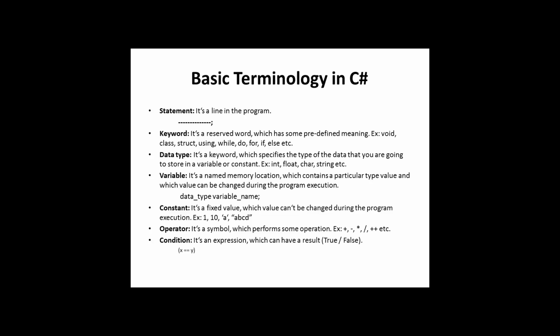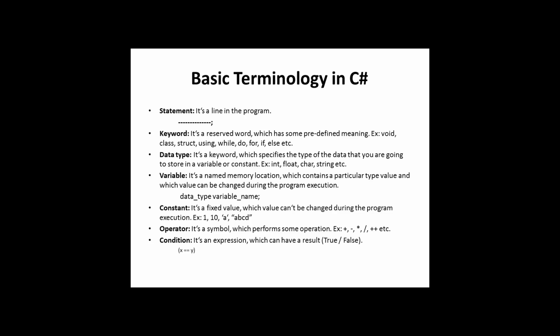Here you have to know the basic terminology we use in C Sharp .NET, which is equivalent to C as well as C++. Every line of code you write in a program is called a statement, which ends with a semicolon.